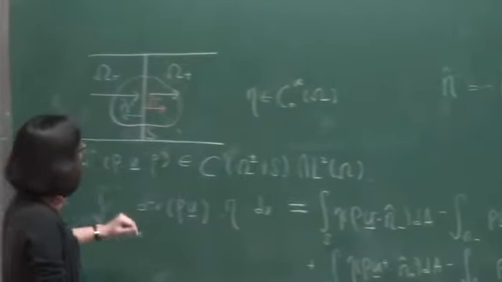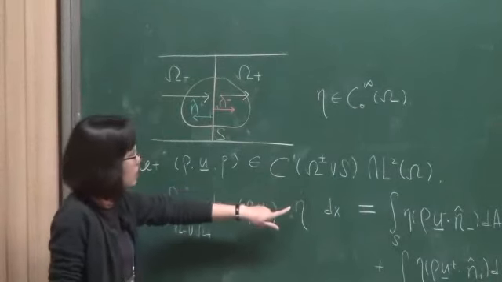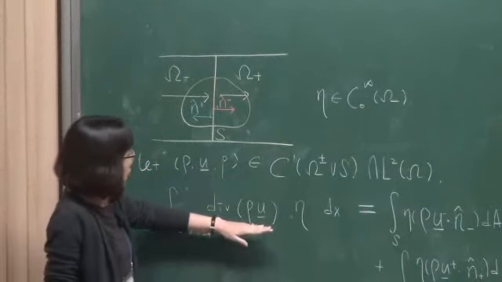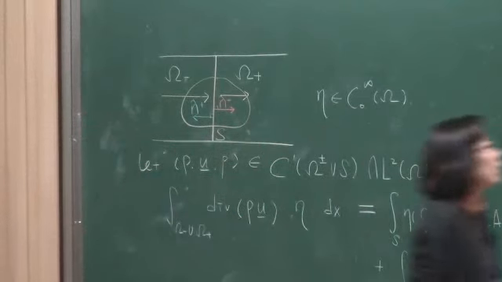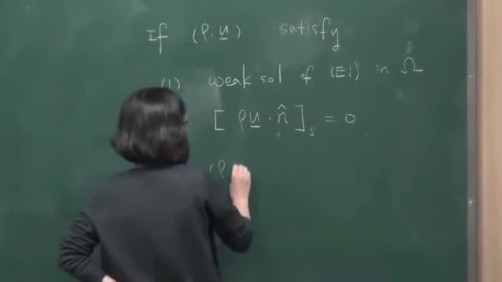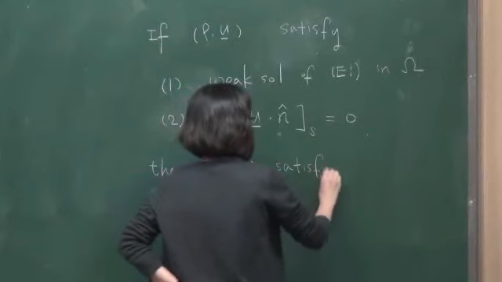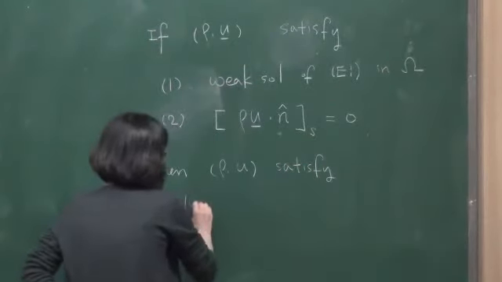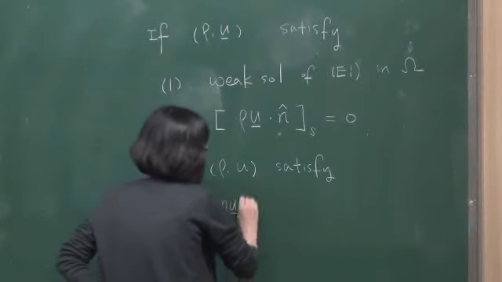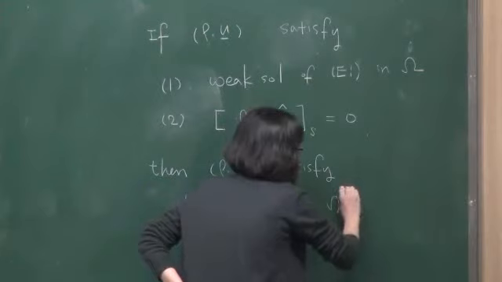Then what happened? Rho and u satisfy this, and here eta is any smooth test function, which means that they satisfy this equation pointwise. Then rho u satisfies divergence of rho u equals 0 pointwise in omega plus and minus.